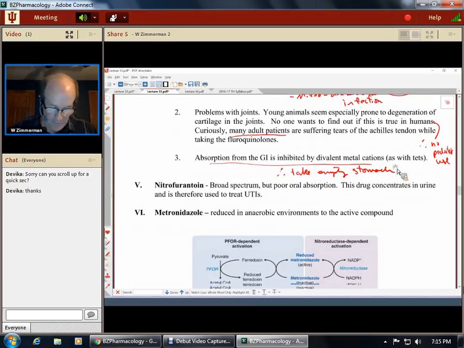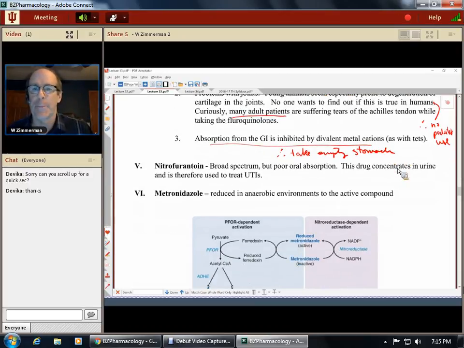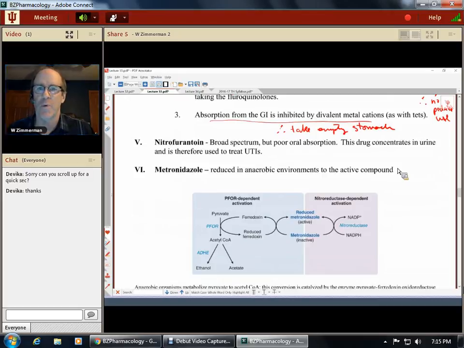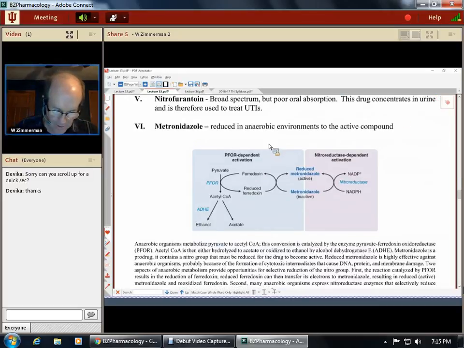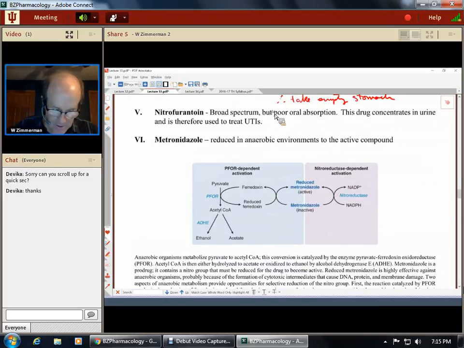Let's see, nitrofurantoin. Broad spectrum, excellent. They have excellent oral absorption, and they concentrate in the urine. Nitrofurantoin does. It's used to treat UTIs. I'll just mention its mechanism of action mirrors metronidazole down below.